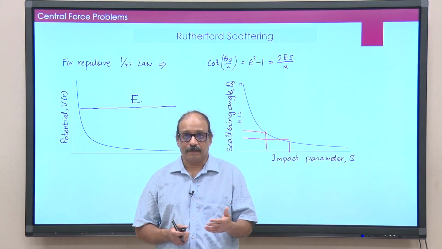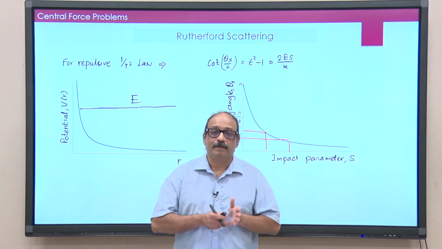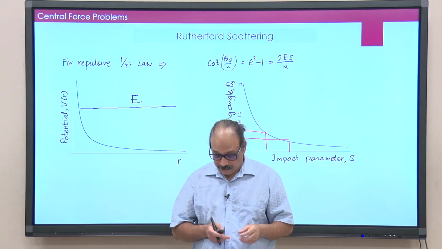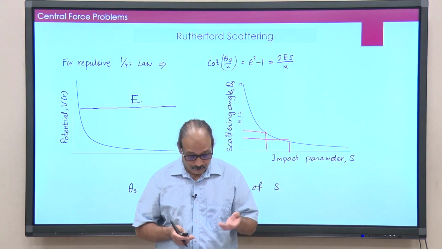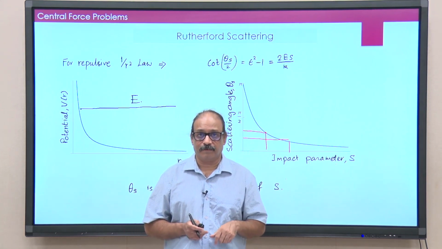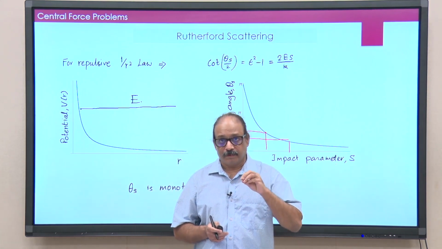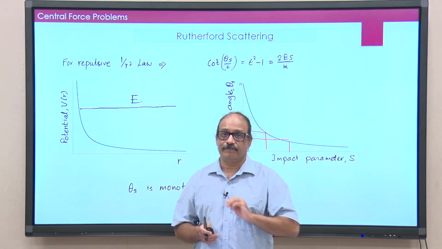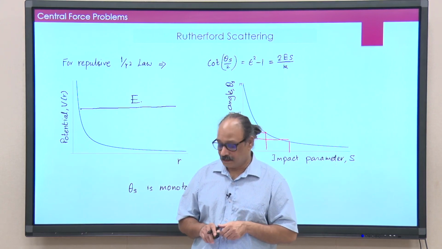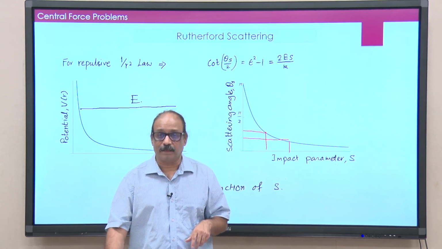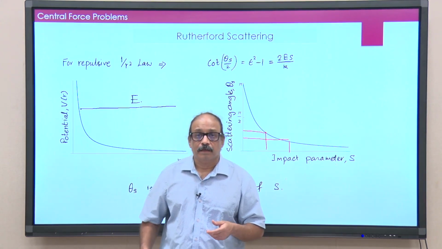For different impact parameters, the particles have different scattering angles. In other words, the scattering angle is a monotonic function of s. It is decreasing, but it is a monotonic function of s. For no two different impact parameters will the particle get the same deflection. But this is something that happens in this case, and that is not necessarily a very common thing to happen.